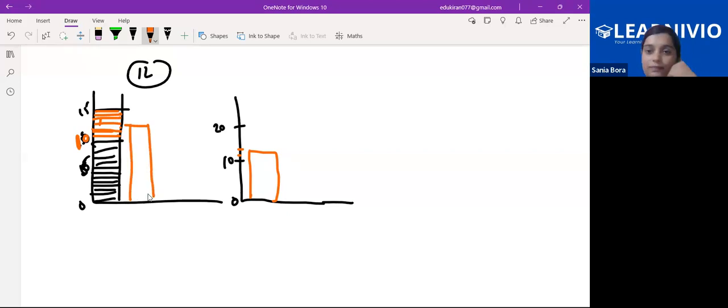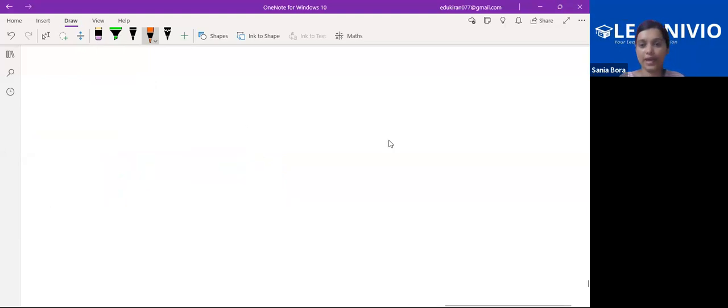If you take the gap of 10, 10, 10, then you will take it like this. Normal 1, 2, 3, 4, because from 10 it is 11, 12, 13, 14. Anyone who is getting confused, this is very important.